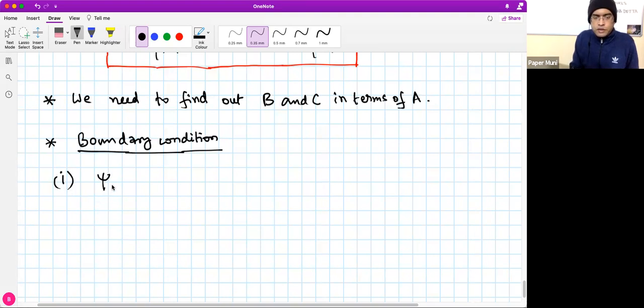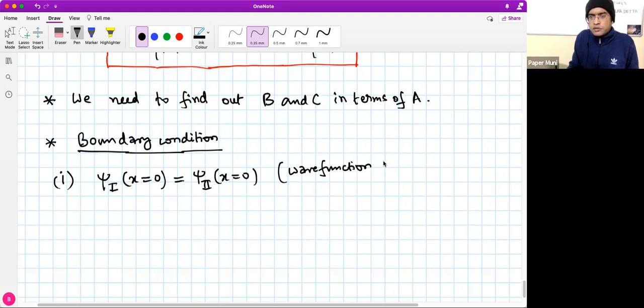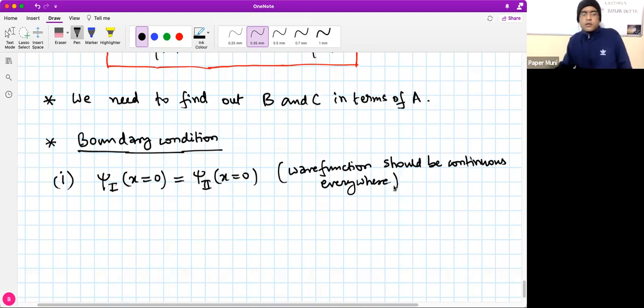Now in this, what we have is psi1 at x equal to 0 should be equal to the wave function in region 2 at x equal to 0. It has to be true because the final wave function should be continuous everywhere.